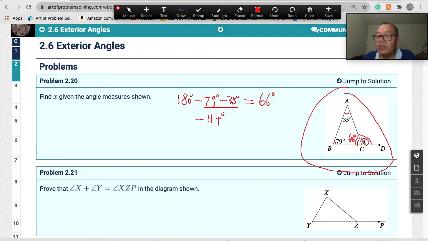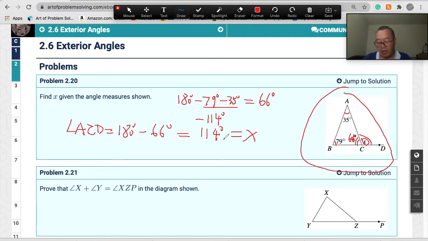Then you use the straight angle formed by this line BD at C. So angle ACD equals 180 minus 66 degrees, which is 114 degrees, because this angle plus this angle equals 180 degrees. So this x equals 114 degrees.